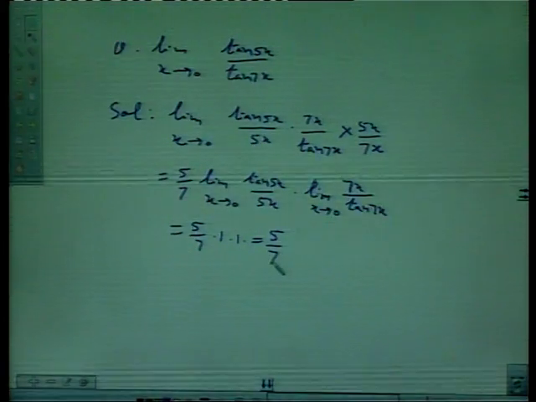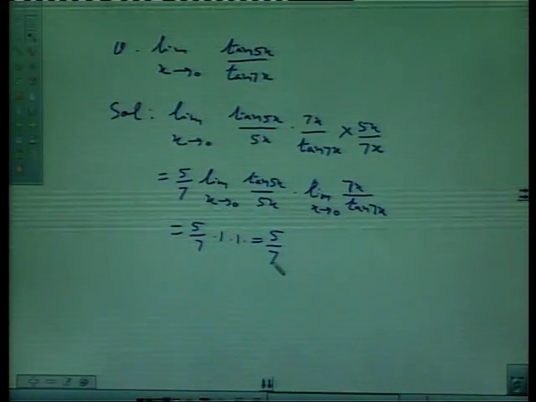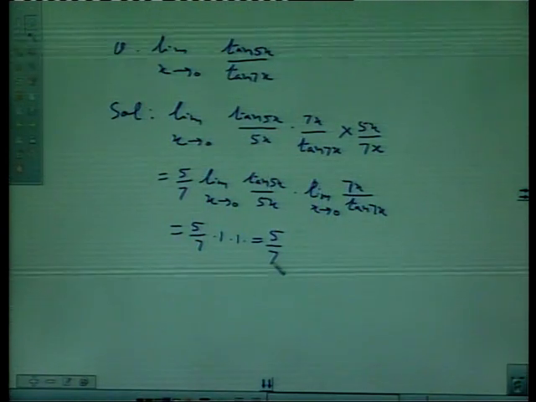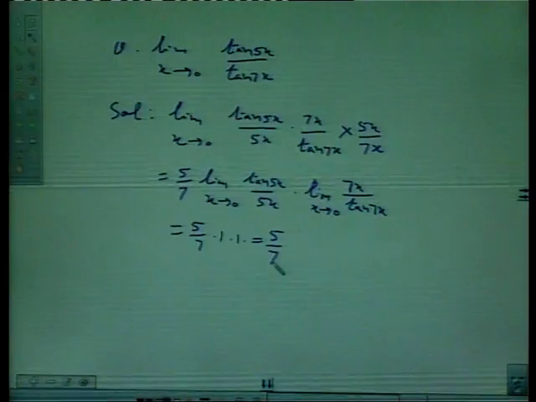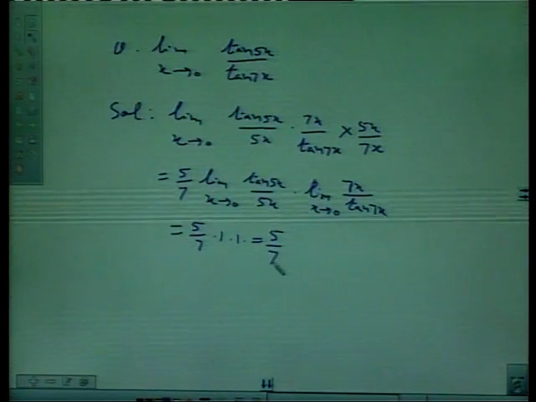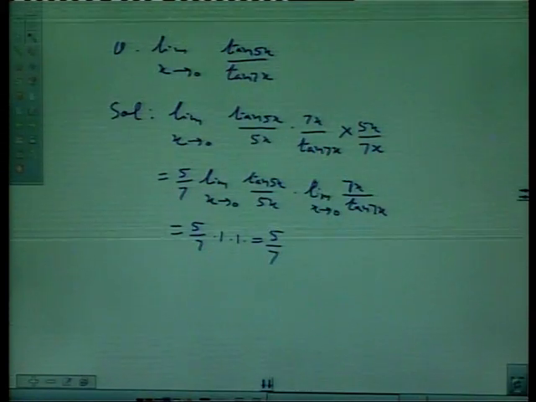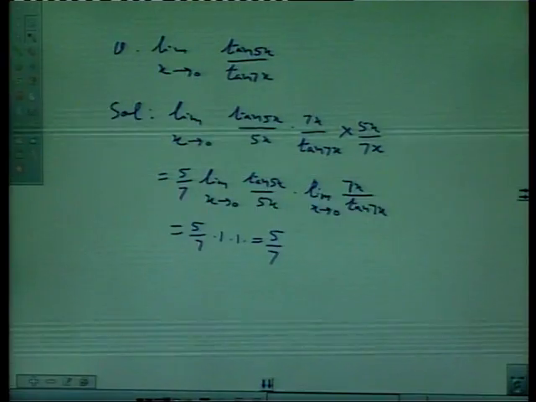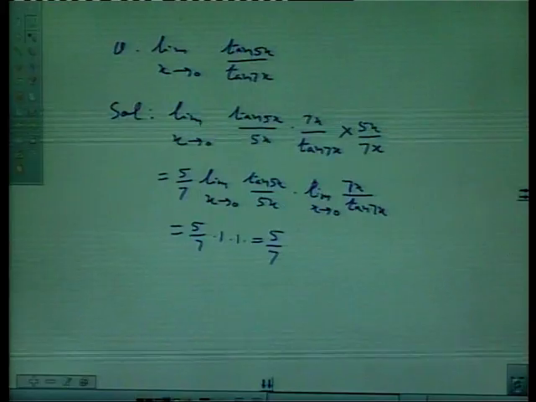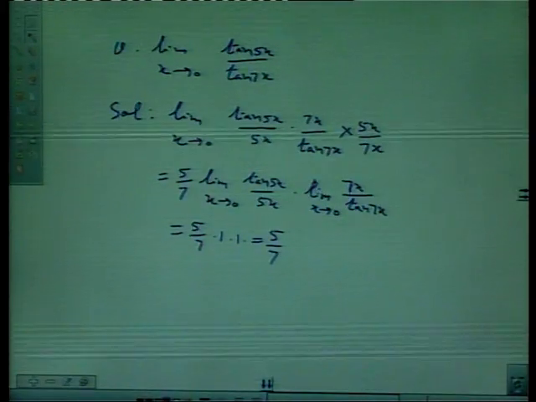Because in this question, tan 5x upon tan 7x was not in standard form. To change this into standard form, we multiply by 5x and at the same time divide by 5x, we divide by 7x and multiply with 7x. So again 5x upon 7x, x is cancelling with x, we are left with 5 upon 7.